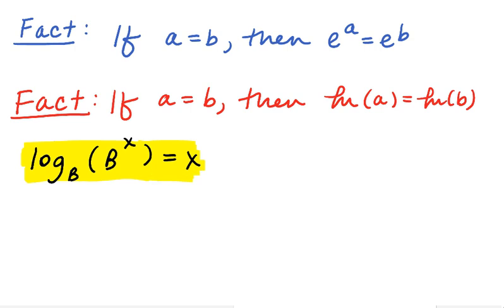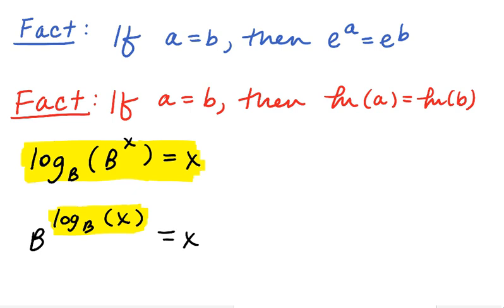The opposite property is b to the log base b of x, which is also going to be equal to x. Again, these undo each other. If you think about just this log that I'm highlighting, that is the special exponent that I put on b to get x.